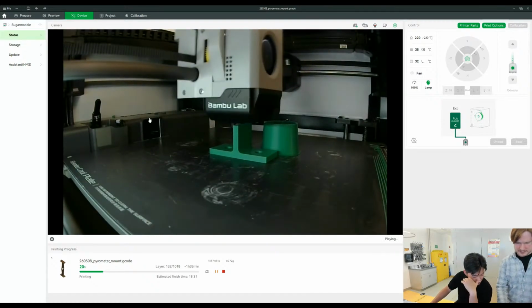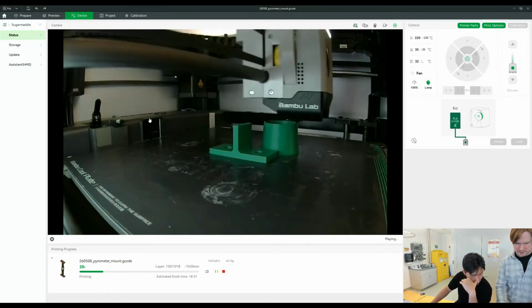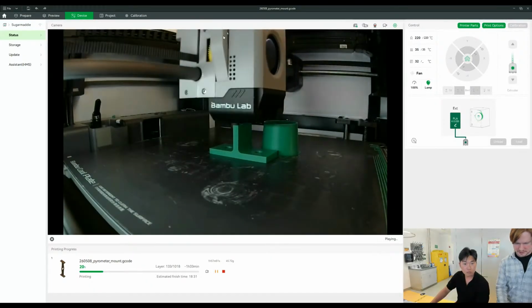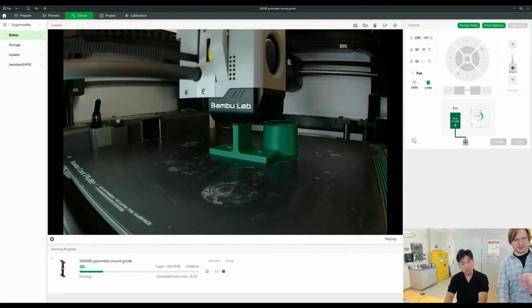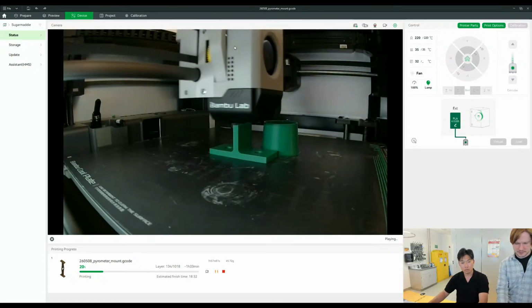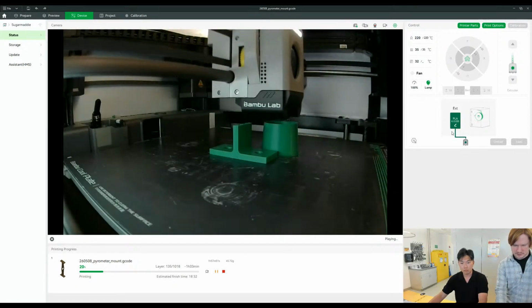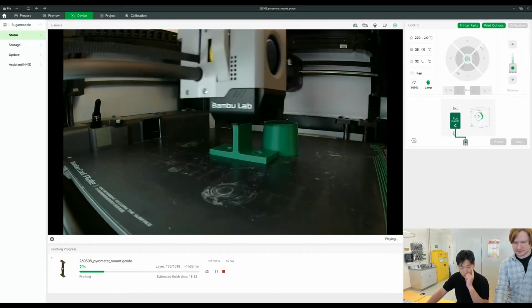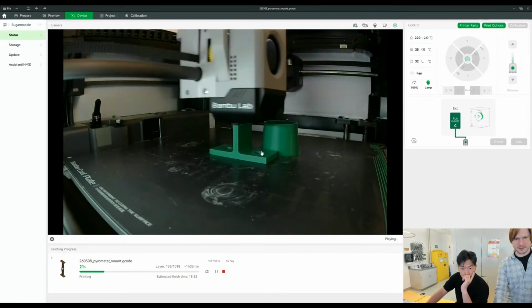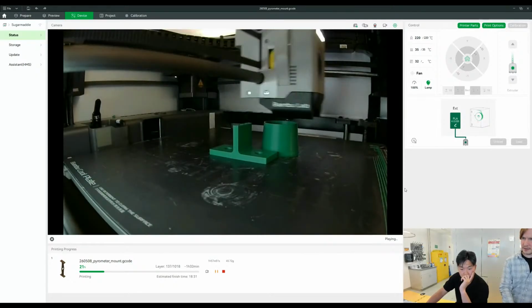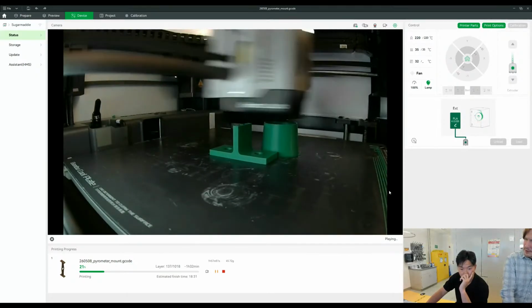Phase angle delivers proportional power to the load by turning on at specific points in the AC sine wave, so you're controlling what part of the phase. Burst fire provides a series of full on-off AC cycles. So you go on for a bit and then off for a bit, and that's more like what your DC relay does.